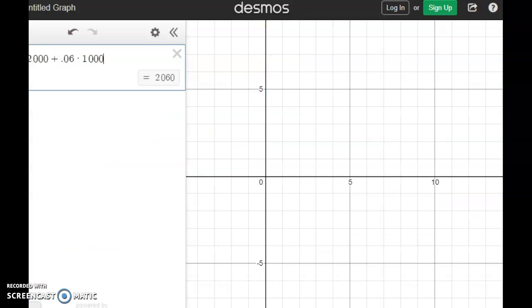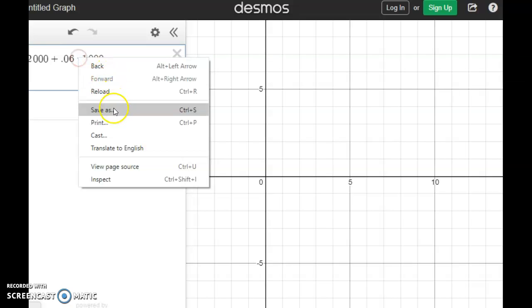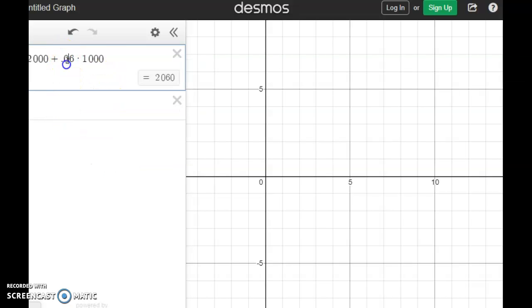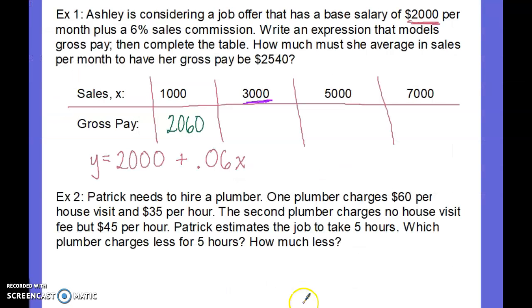So again, use your calculator, and you can grab all of this, copy the equation, with Control-C or Apple-C, and then you can just change it to 3,000. So she makes $180 off of the 3,000 from the 6% commission, and adds to it her base salary, so $2,180.